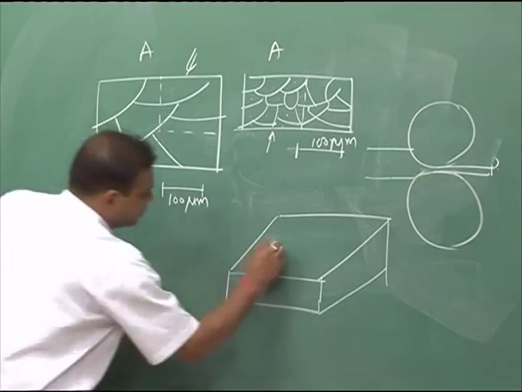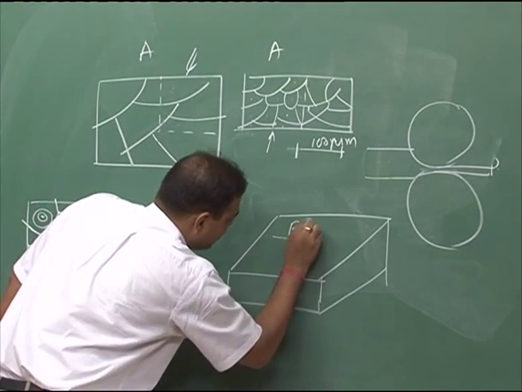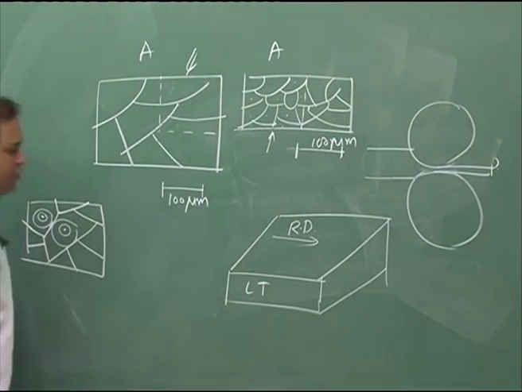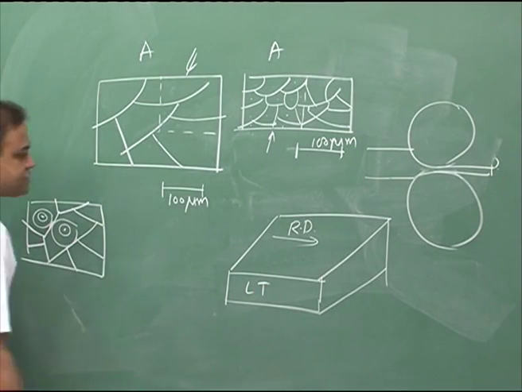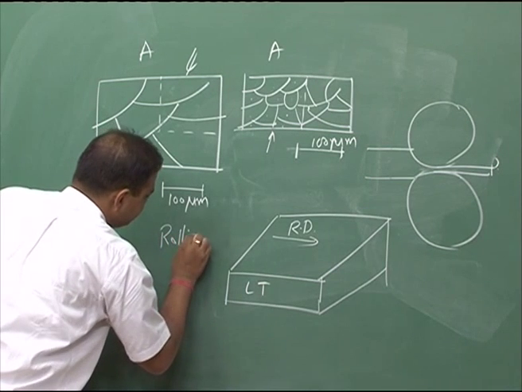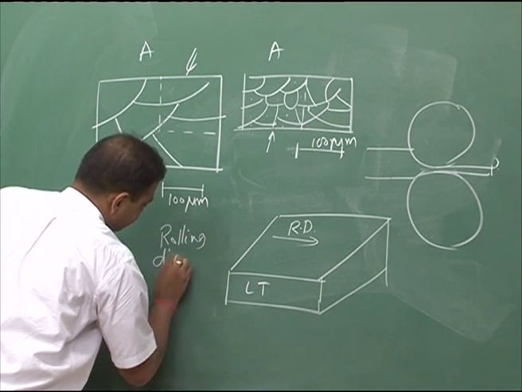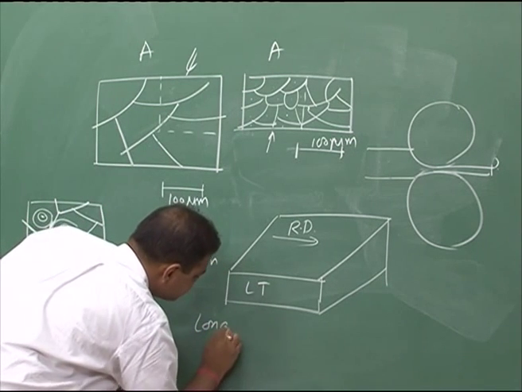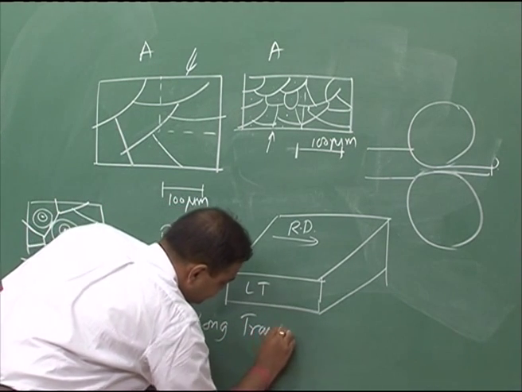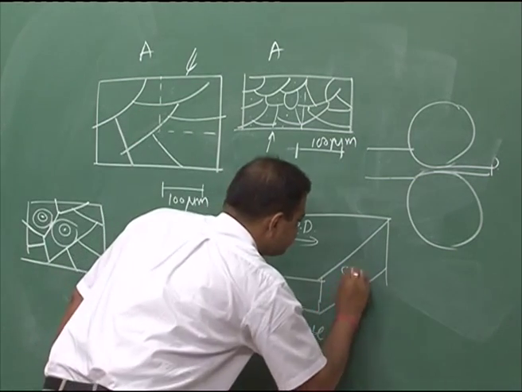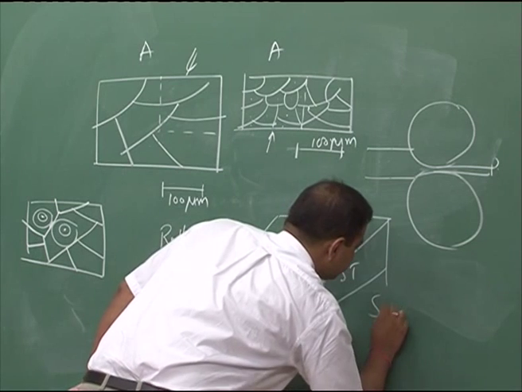This is my rolling direction, we call it RD. RD means rolling direction. This is LT, we call it long transverse, and this is called ST or short transverse.